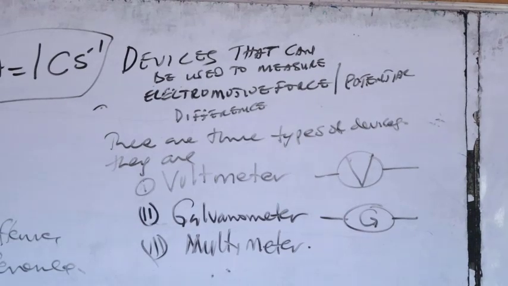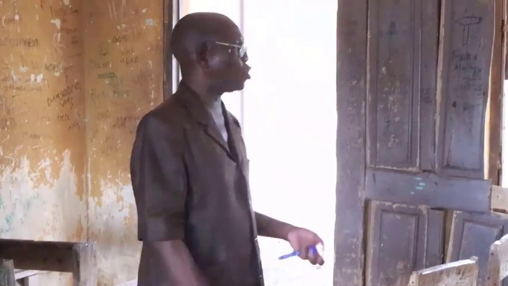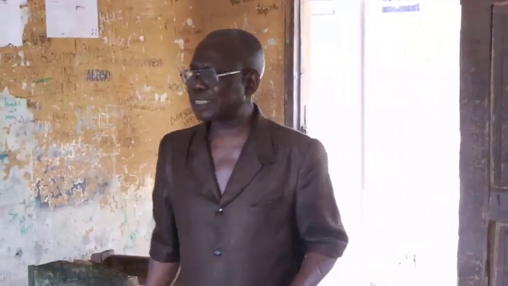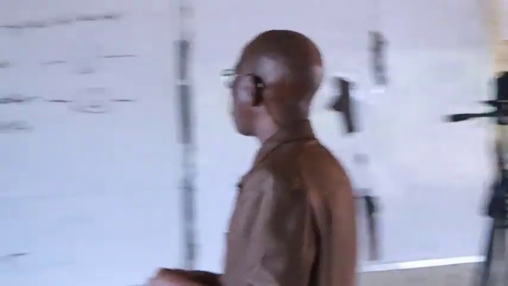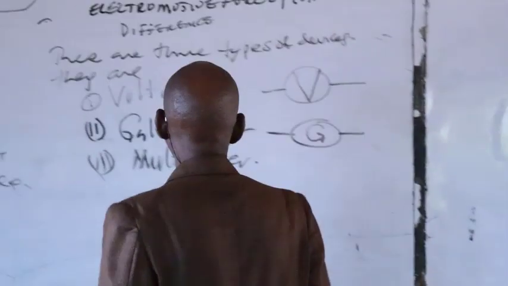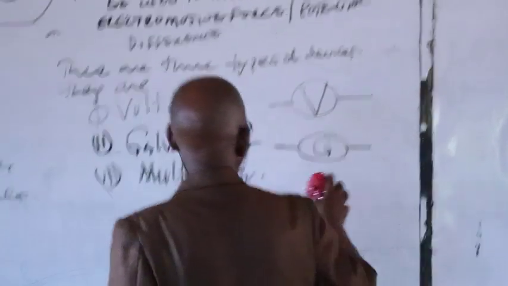So, having known this, we want to look at some of the components. The components and the arrangement of components in the circuit.